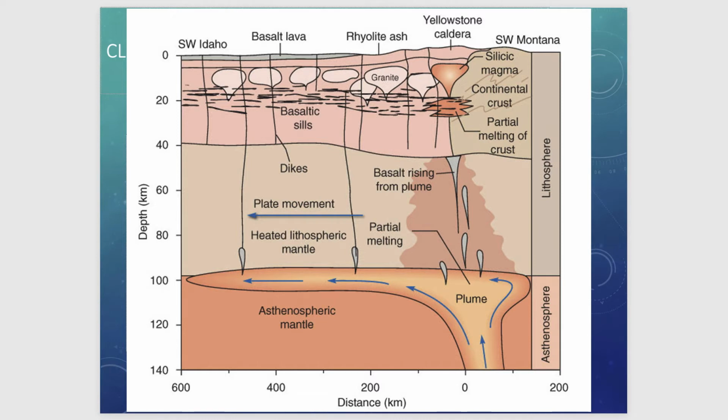If we talk in terms of intrusives, usually we have gabbros that form in relatively deep magmatic chambers, and in this example for Yellowstone the depth is estimated on the order of 100 kilometers.